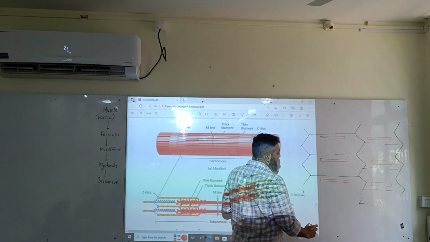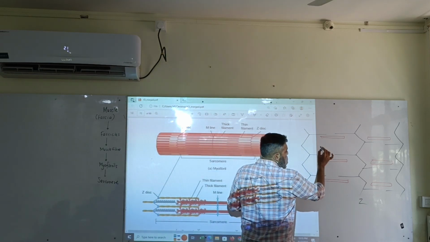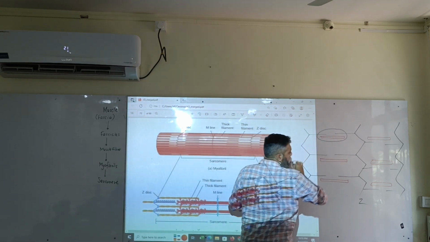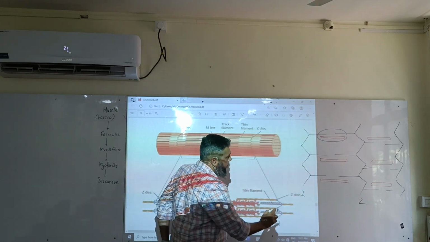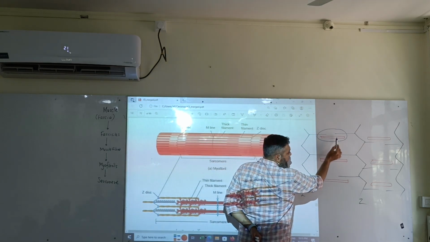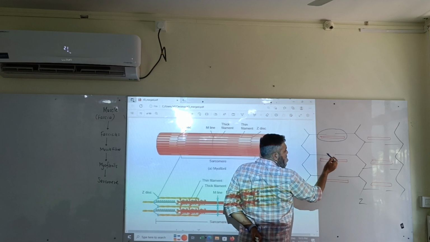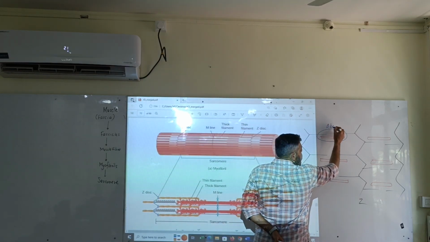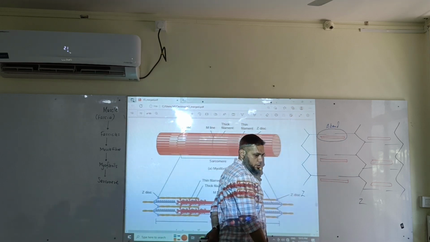Now tell me. Focus only on this region and tell me, is the thin overlapping the thick? Yes. So will the light pass through it? No. So what band should I call it? A band. Correct?